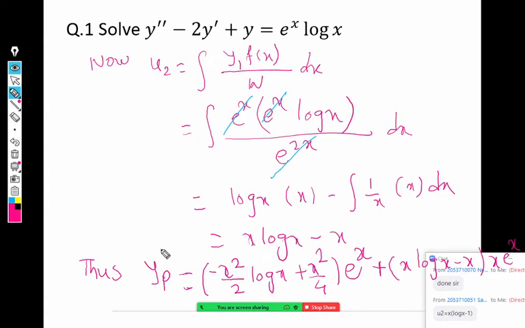This method mainly works, or we have to use it, whenever shortcut methods fail. There we cannot use a shortcut method, then we should go for variation of parameter. But the restriction is that it should be a second order differential equation. There are other methods for higher order also. We are not going into that because it's not part of the syllabus. So right now just focus on second order differential equations.